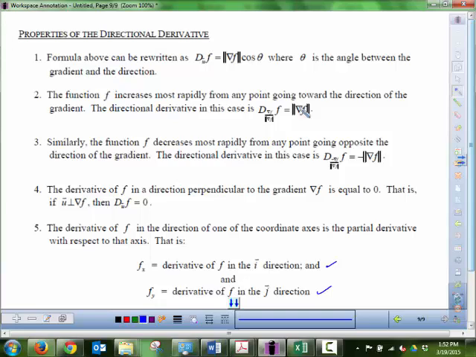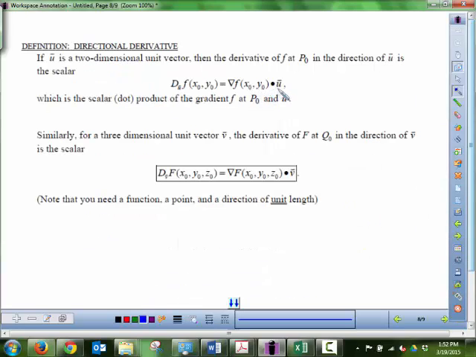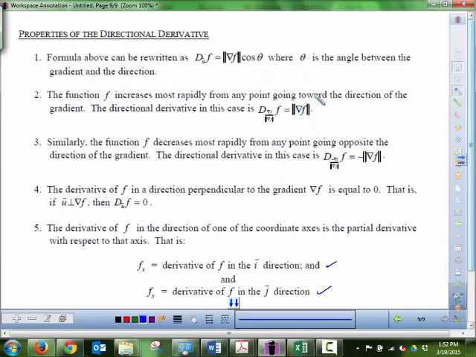So thinking about that might hurt your brain a little bit, but if you write that down, according to the definition of the directional derivative, if you let u be the gradient, of course you have to make it into a unit vector, and you do the computation, you'll see that that would simplify to this. Or the fastest decrease would be the opposite of that. Okay? So I'll let you think about that on your own.